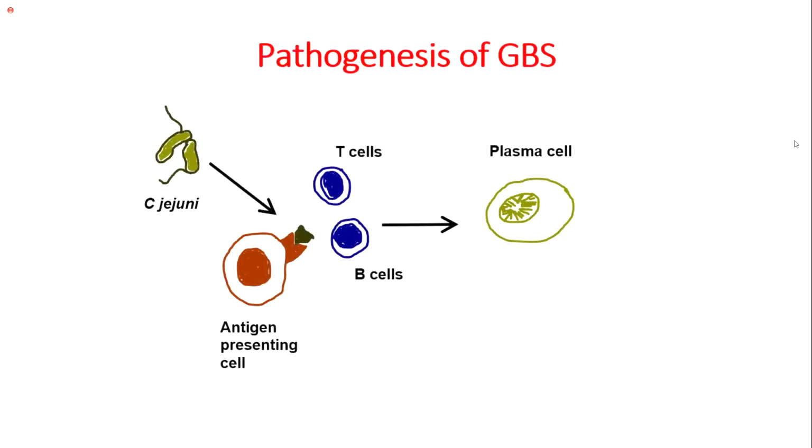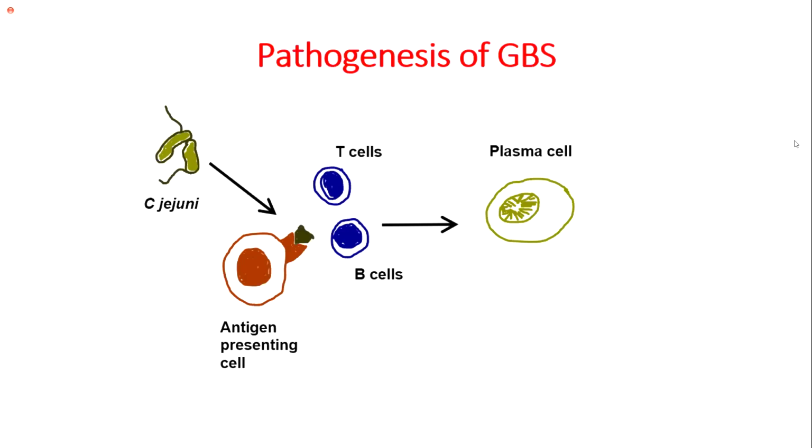What is the pathogenesis of Guillain-Barré syndrome? Now we already know that it's the acute inflammatory demyelinating polyradiculoneuropathy. We already know that it is a post-infectious condition. We already know that Campylobacter jejuni is by far the commonest infection, and that is something that causes a diarrheal illness.